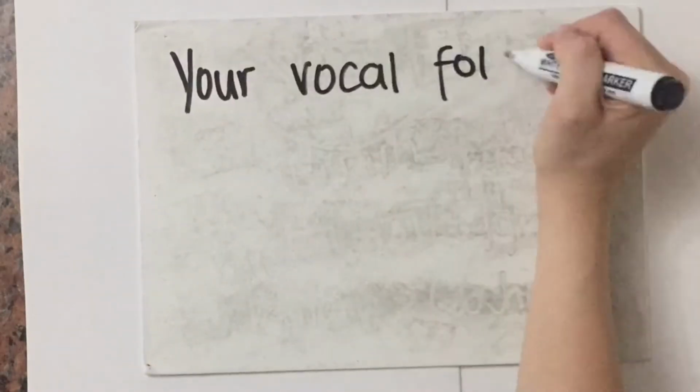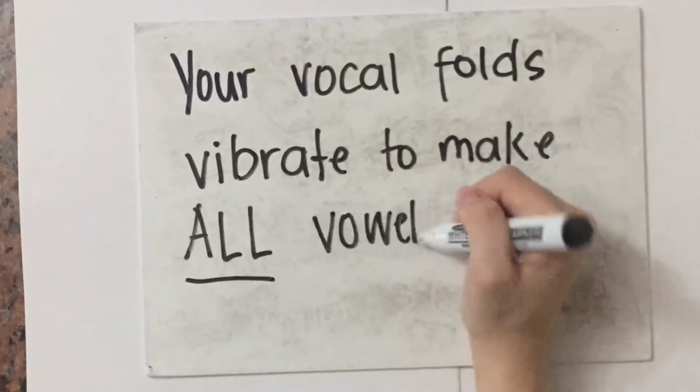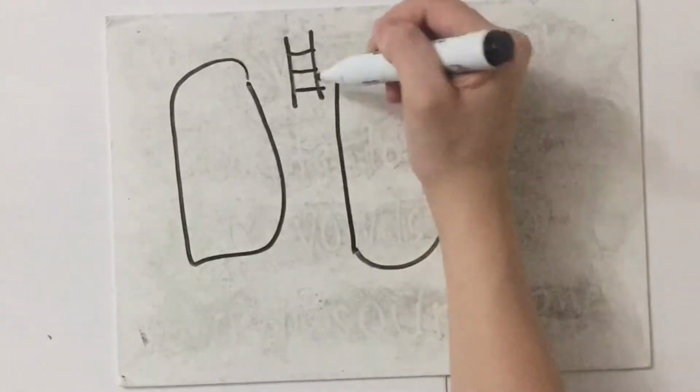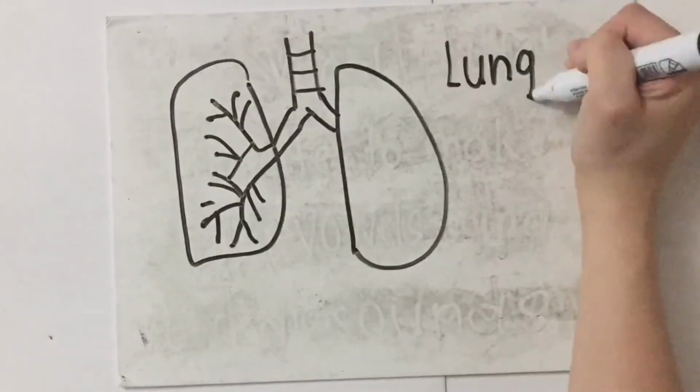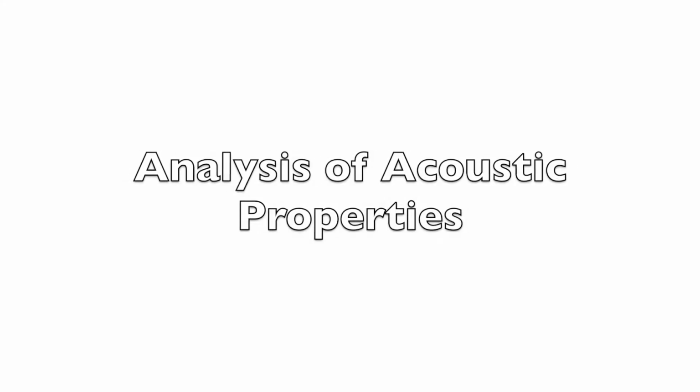You have to remember that your vocal folds vibrate to make all vowels in voice sounds. Now, you guys might be wondering, what's the essence of all of these in practice?